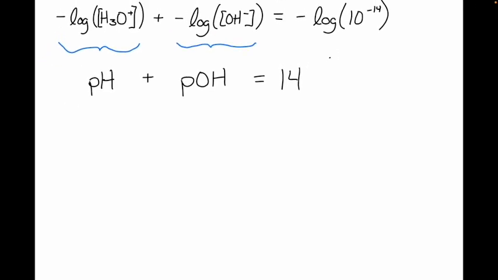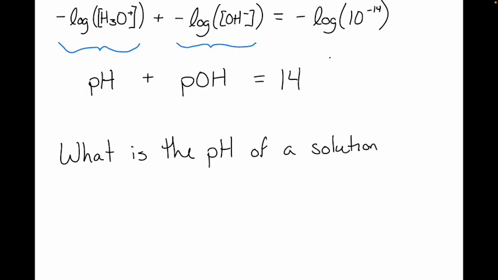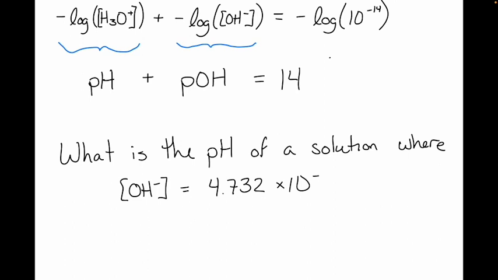Okay, so what is the pH of a solution where the concentration of hydroxide is 4.732 times 10 to the negative 12 molar?